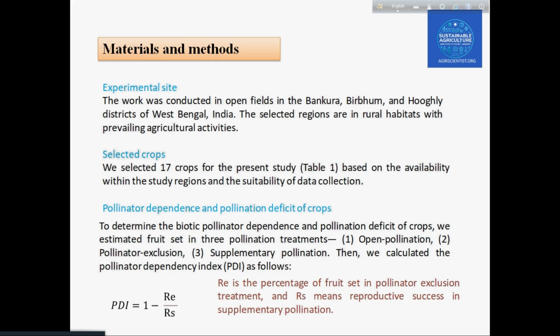Then we calculated the pollination dependency index on the basis of reproductive success in pollinator exclusion treatment and reproductive success in supplementary pollination system.